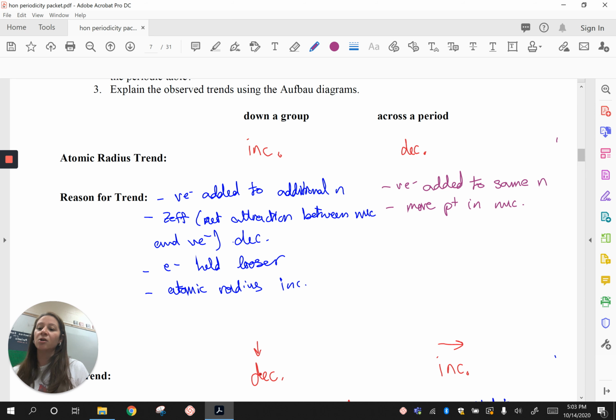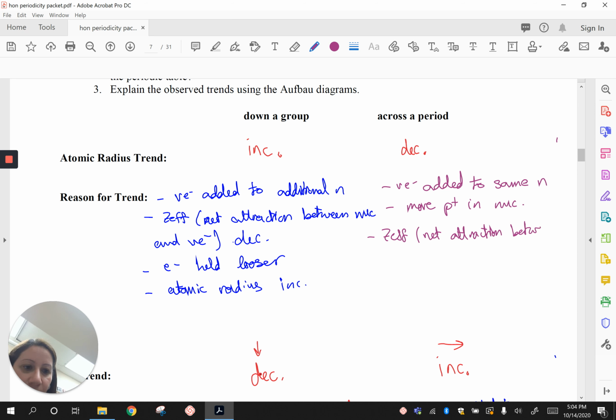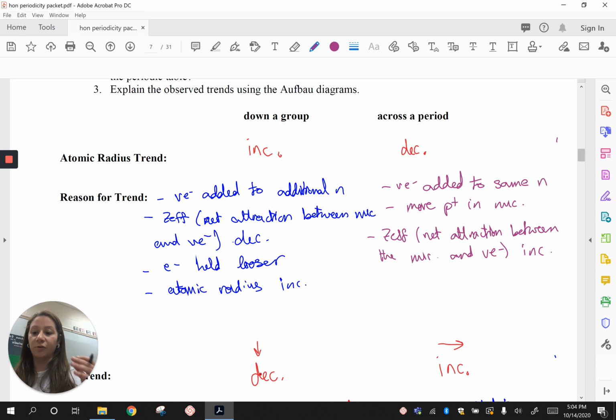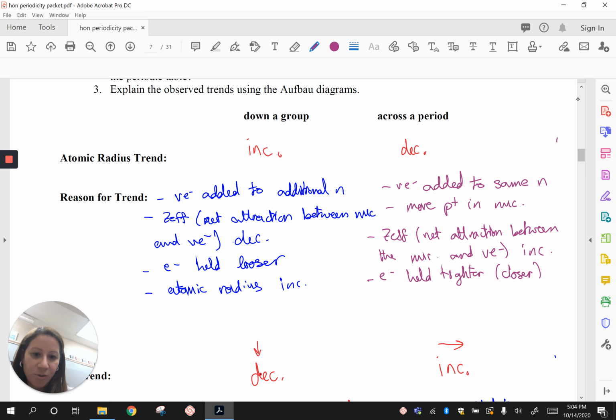The net is there is more attraction to the nucleus. So my Zeff, which is the net attraction between the nucleus and valence electrons, increases. Stronger attraction, what does that mean? Well, if there's a strong attraction, then the electrons will be held tighter or closer. And so that means your atomic radius decreases.